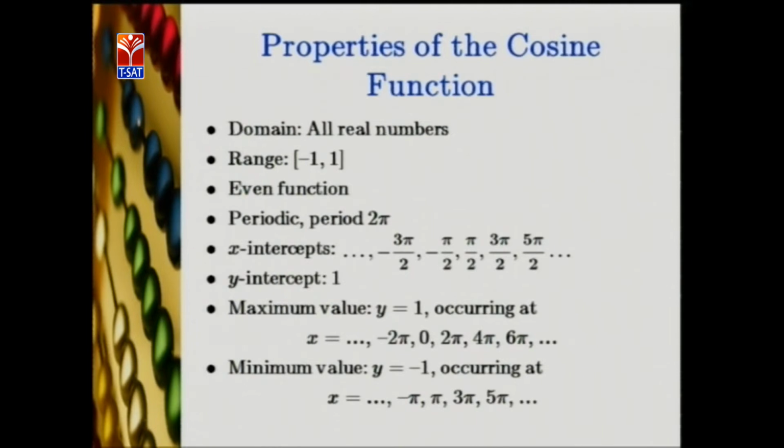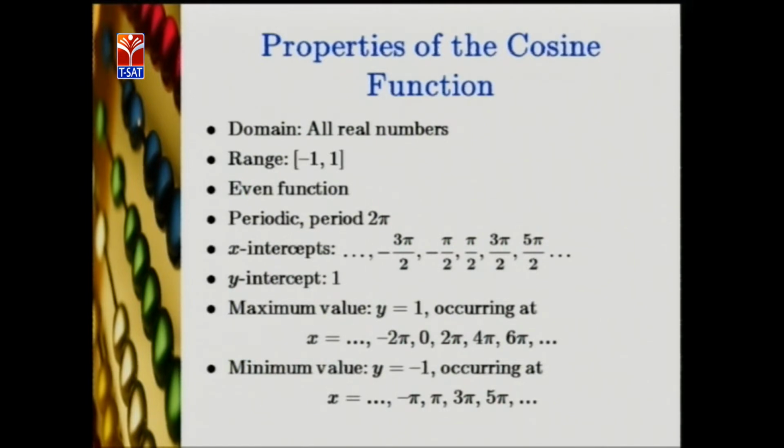The x-intercept occurs at every odd multiple of pi by 2, and the y-intercept occurs at only one position, that is 1. The maximum value occurs at y equals 1, at every even multiple of pi. At every even multiple of pi, we get the y-intercept or the maximum value, that is 1.